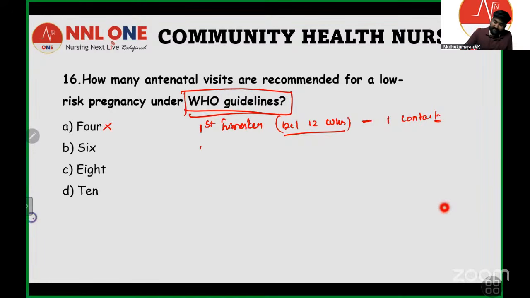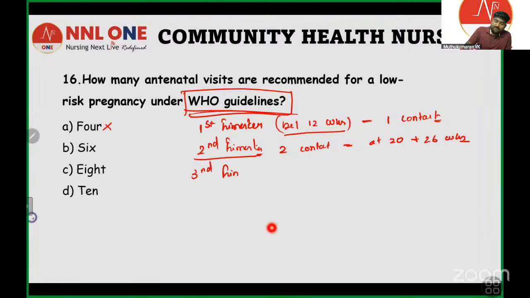For the second trimester, as per Indian guidelines the minimum is 4, but under WHO guidelines there should be two contacts, at 20 weeks and 26 weeks. For the third trimester, there are 5 contacts, at 30, 34, 36, 38 and 40 weeks.